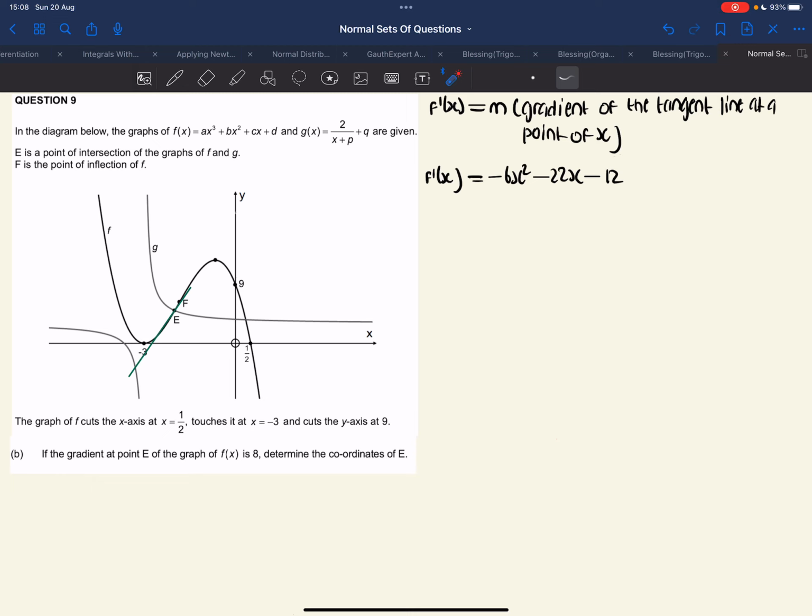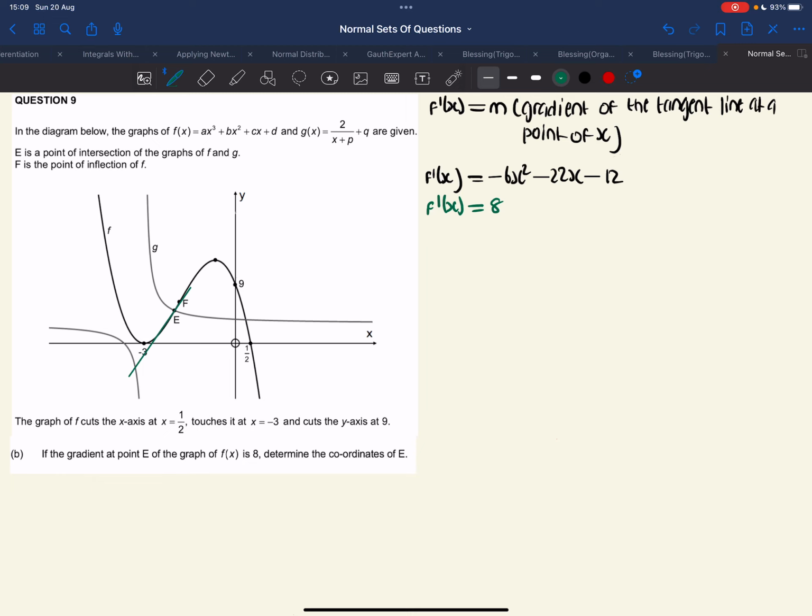We are also given in the question that the gradient of the tangent line at the point E of the graph is 8. So what they mean is that the first derivative of f of x should give you 8. Now also remember that f prime of x is minus 6x squared minus 22x minus 12.